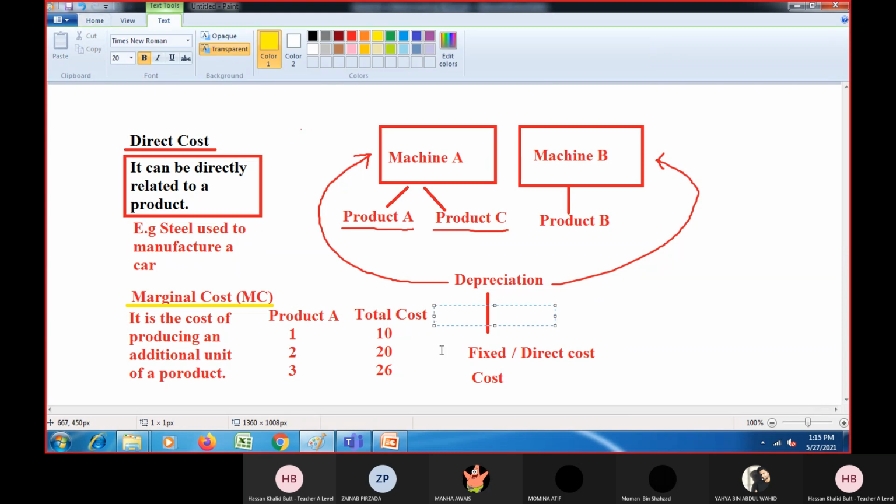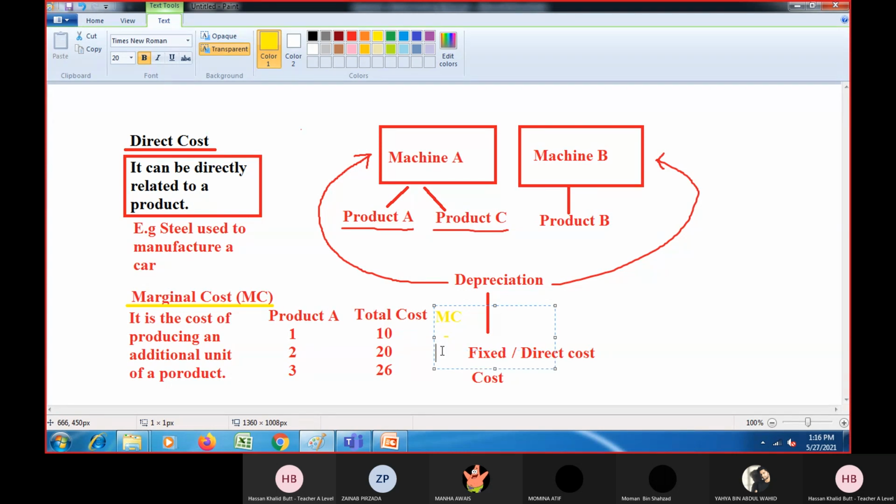So I can write here marginal cost is 10. Okay, because if we assume that when nothing was produced, total cost was 0. Actually, total cost was never 0, because still there has to be some cost which we call fixed cost. So it is better not to calculate it for the first unit because we do not know the addition.